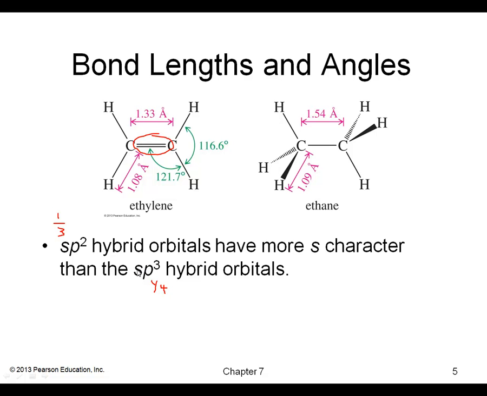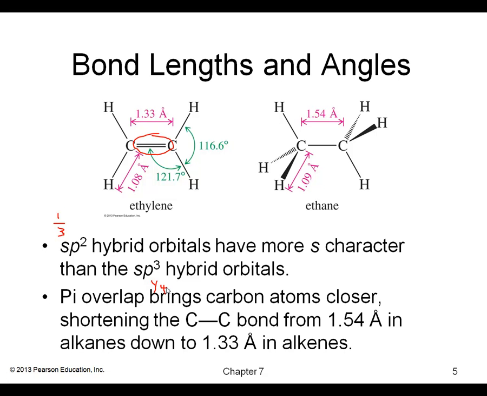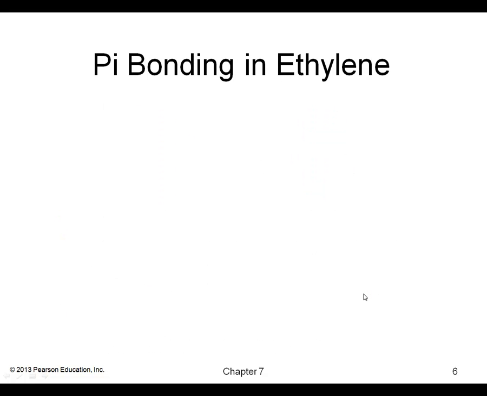Because I have 1 divided by 4, which is these 3 plus the 1s. And so sp2 has more s character because 1/3 is greater than 1/4. Again, it's showing why there's a shortening of the distance between the two carbons. It's because the pi overlaps squeeze the two carbons closer together.